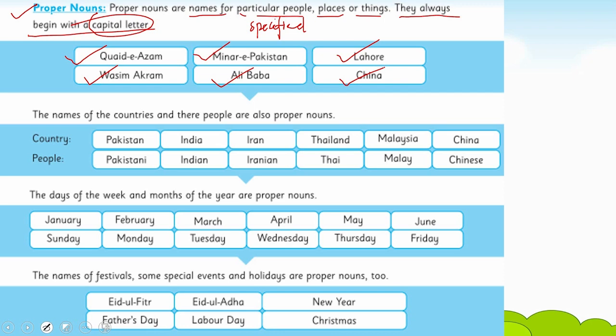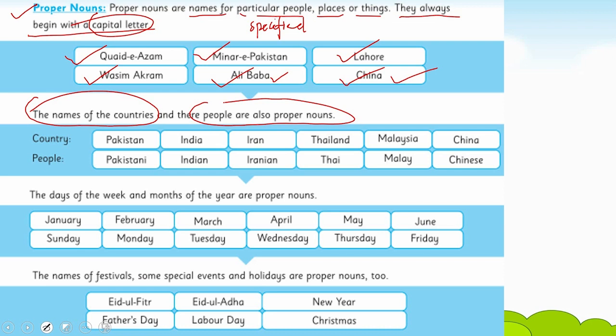Minar-e-Pakistan is a proper place. Lahore is a specific city. Alibaba is the name of a specific person. And China is the name of a particular country. That is why they all are known as proper nouns. Now some of the examples are the names of the countries and their people, which are also proper nouns.